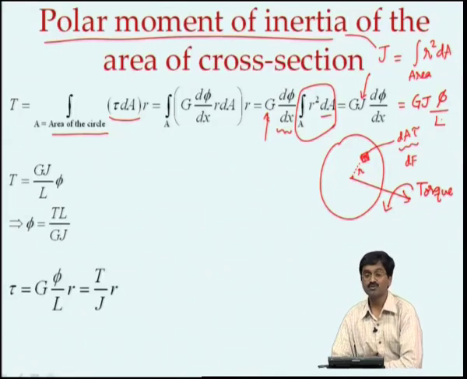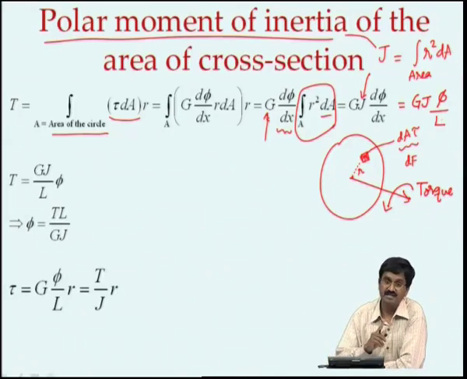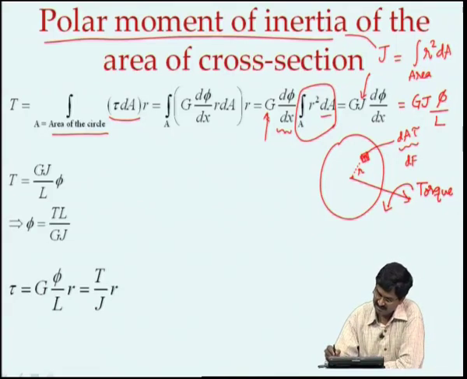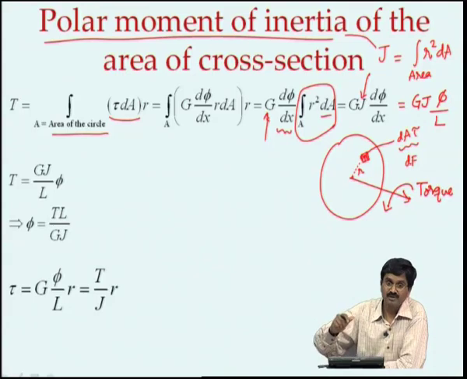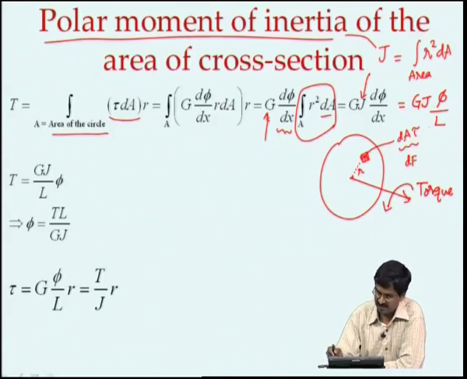If you are interested in the total torque, d phi by dx, if you say that is constant from the fixed end to the free end of the shaft, we can say if phi is the total twist at the free end, then that is phi over a length L. Instead of dx we put L, and that becomes our twist and torque relationship.